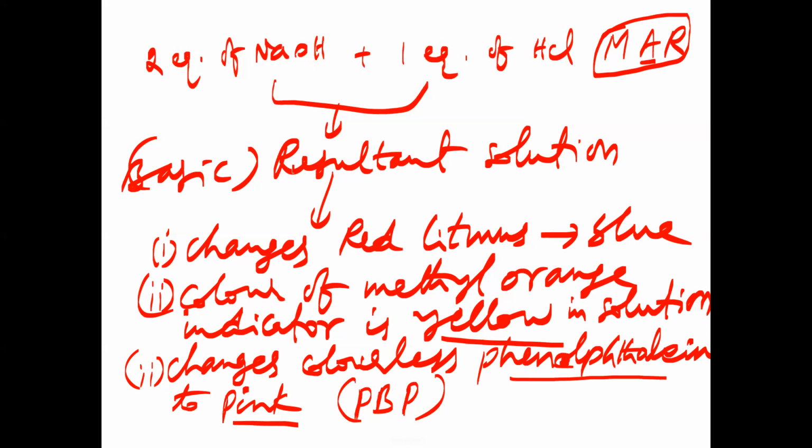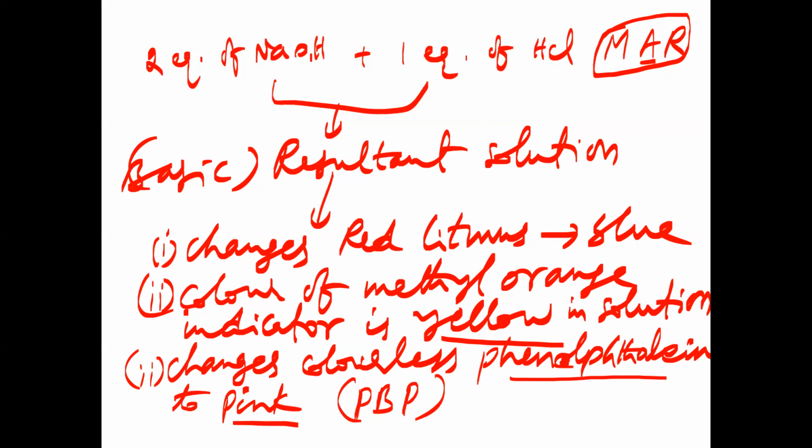But here the solution formed is a basic solution. In this basic medium, the methyl orange has yellow color. But the same methyl orange will get red color in acidic medium. Is that clear? So this concept you have to understand first.